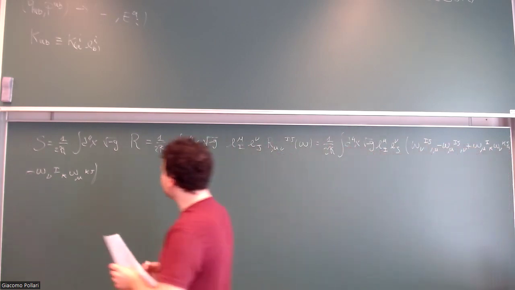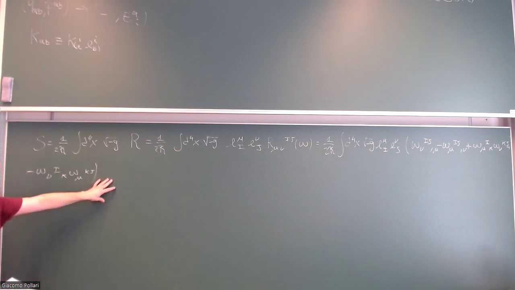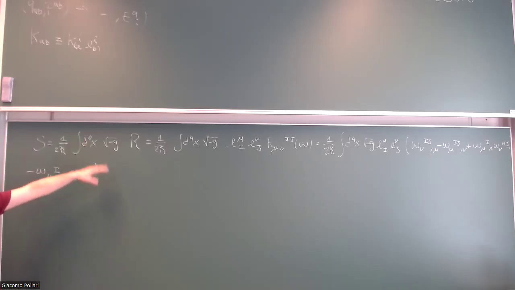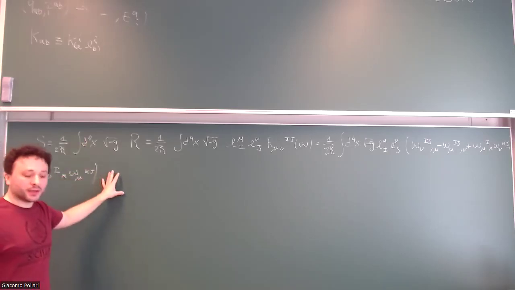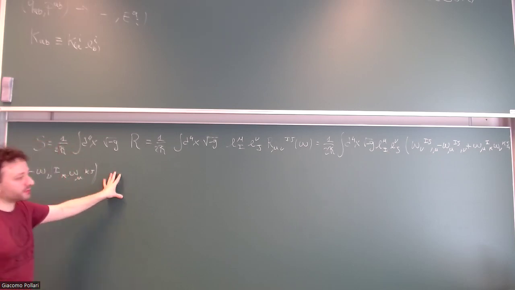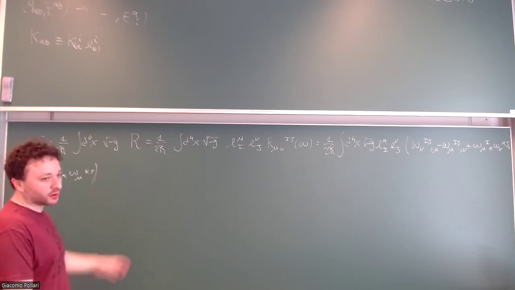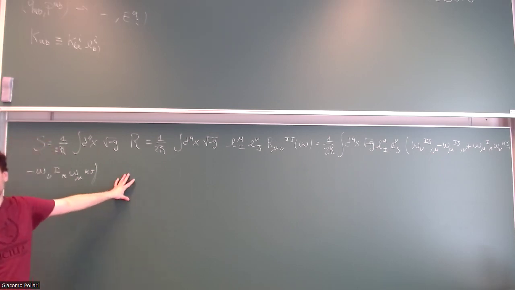Then, after all the calculation, we want to vary the action with respect to the spin curvature, and get the field equations.